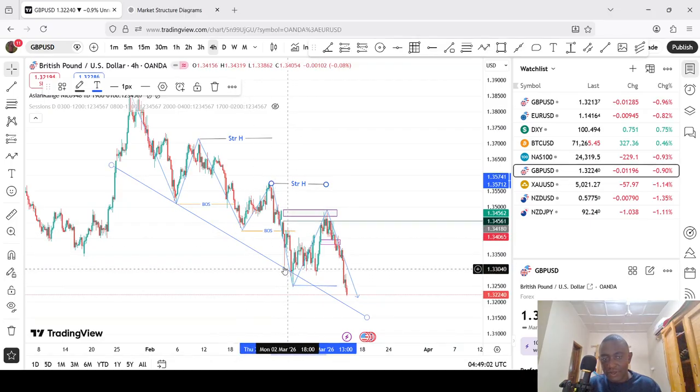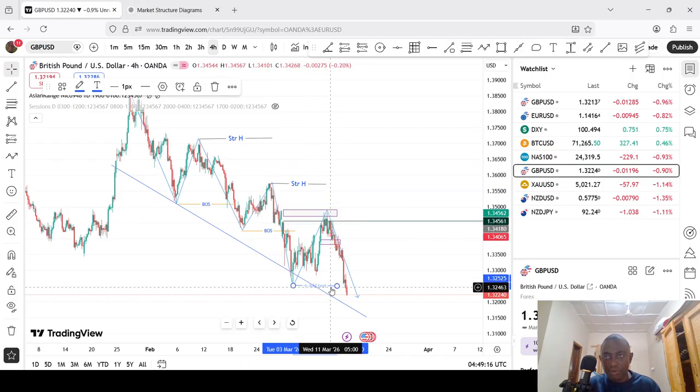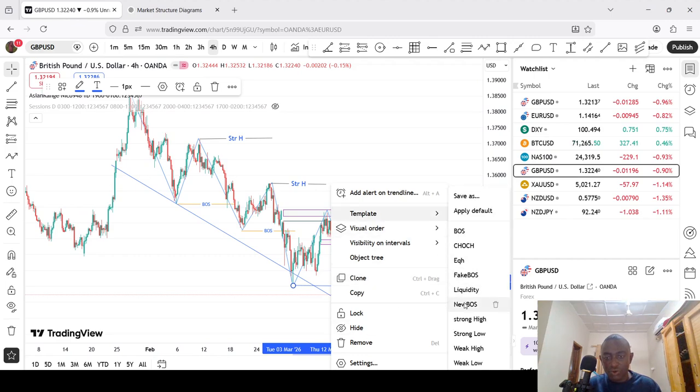So once price goes below this, we were expecting price to actually come back. And price did the same, it was able to retrace around this zone. So here too becomes our new BOS, because price has closed below it.